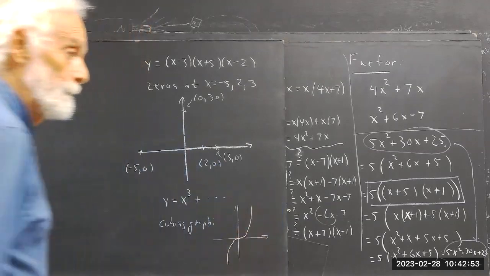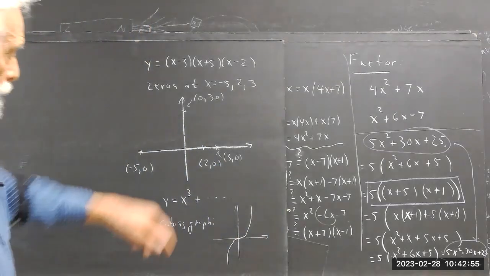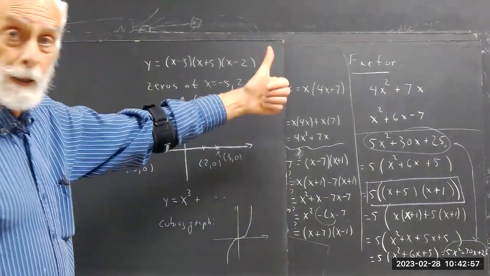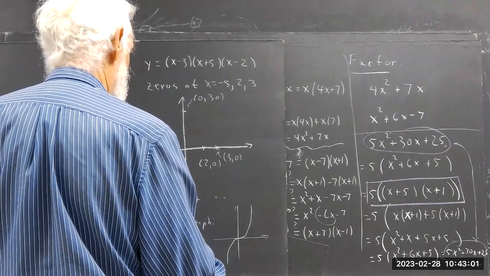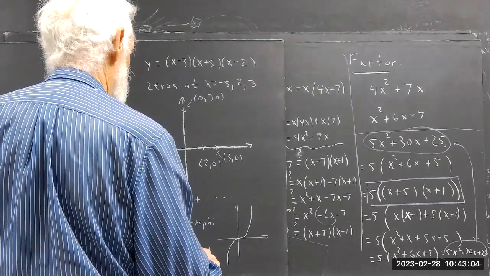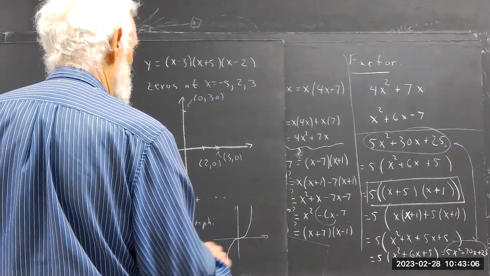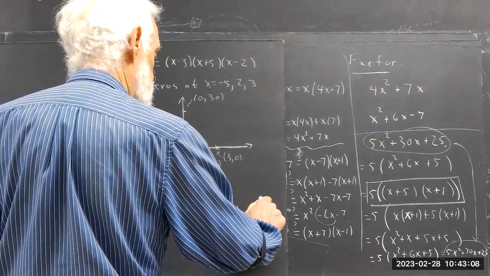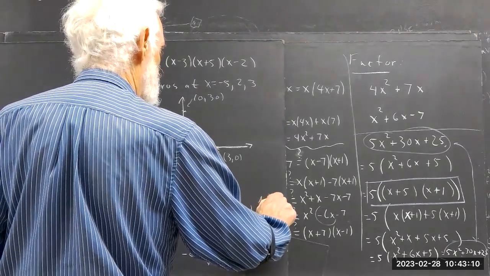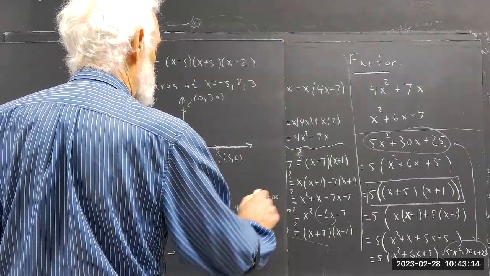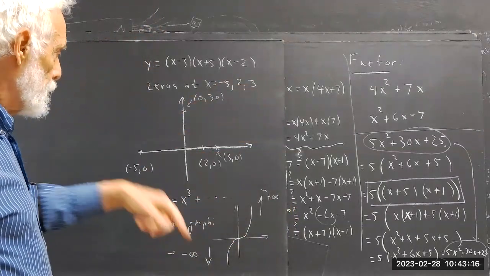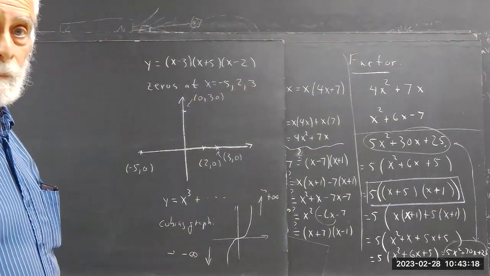It goes through the origin, and it goes to negative infinity this way and positive infinity this way. It goes to plus infinity this way, negative infinity this way.